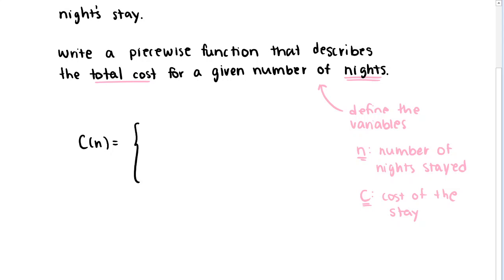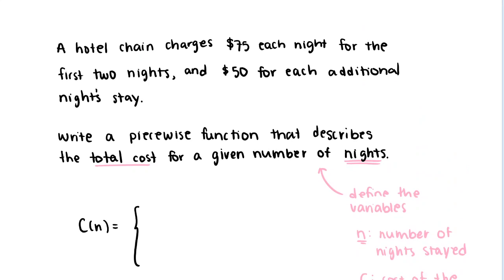And now if we look at the word problem here, there's two significant parts. It says that the hotel chain charges $75 each night for the first 2 nights. And there's a different rule for computing the cost afterwards. It says $50 for each additional night's stay.